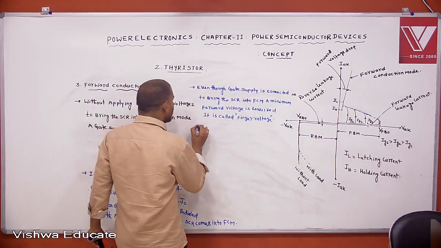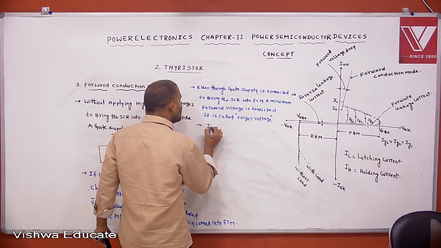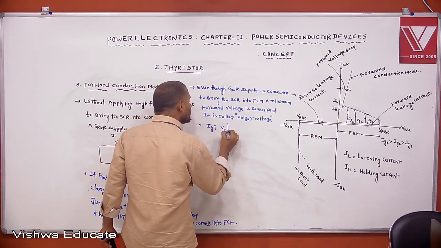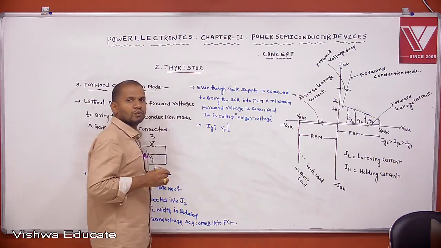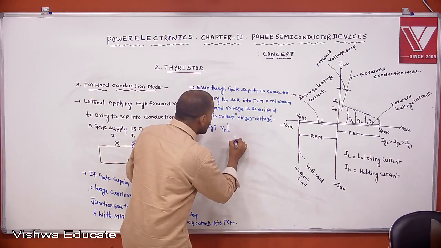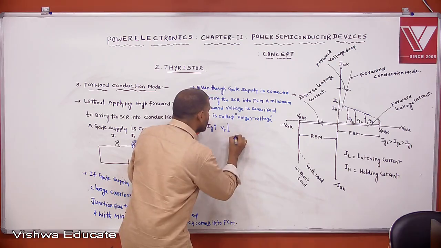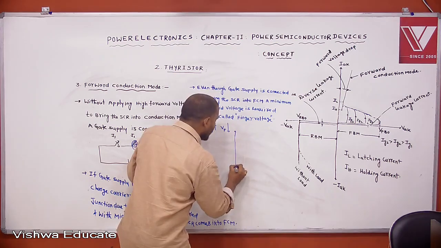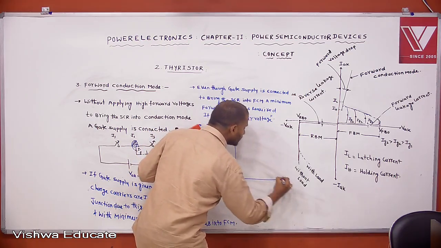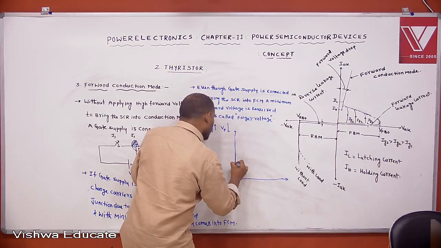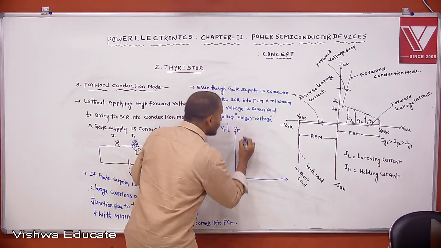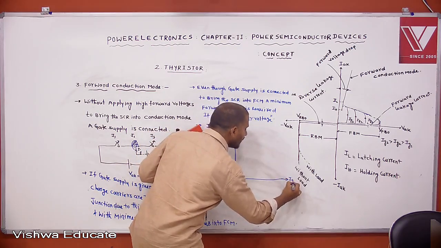Therefore, the observation is, if the gate current is increased, the forward voltage required to bring the SCR into conduction mode is reduced. Then if you draw the characteristics between gate current and forward voltage, you get the characteristics like this. This is forward voltage and this is gate current.